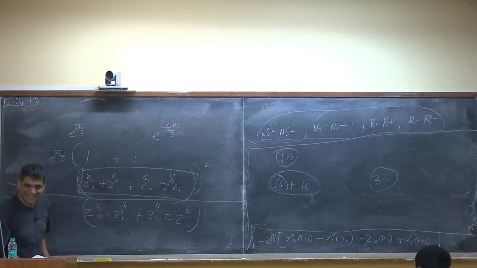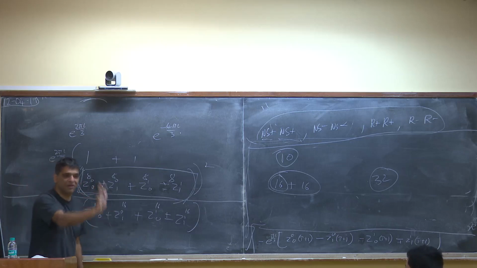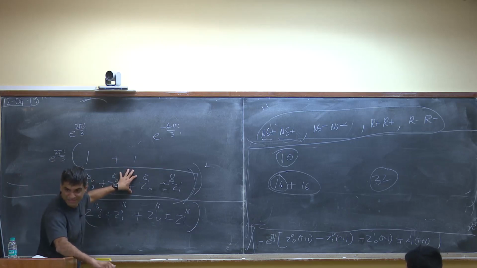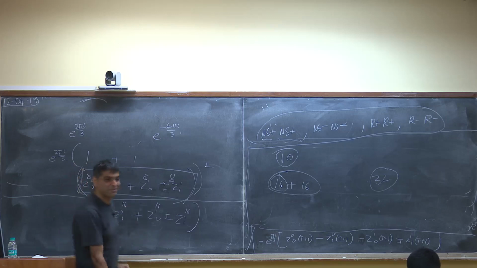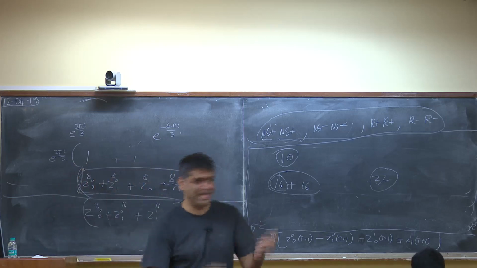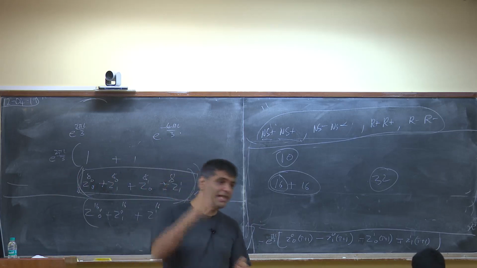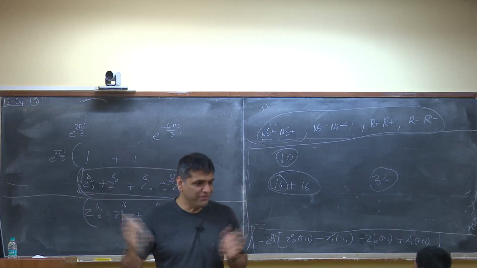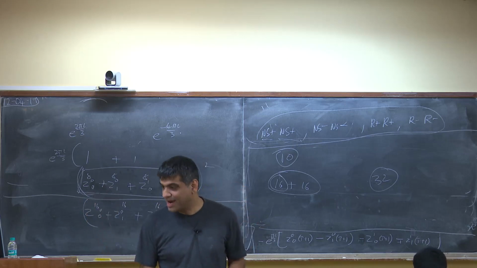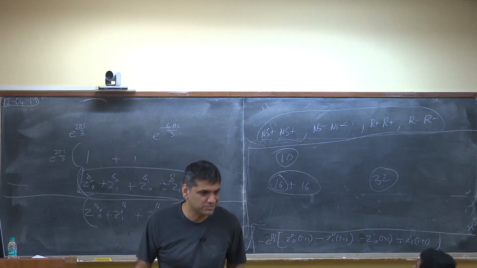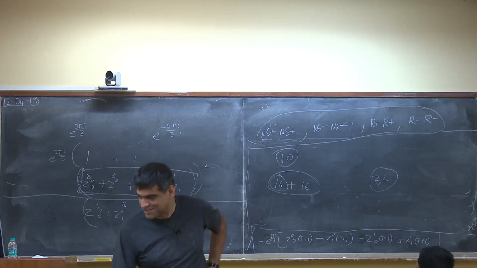But up to that, we've just checked that this is a fine partition function by itself. In the next class, I will try to classify all the good partition functions we can get from this point of view, that give you a nice modular invariant partition function. We'll try to get a classification of those.